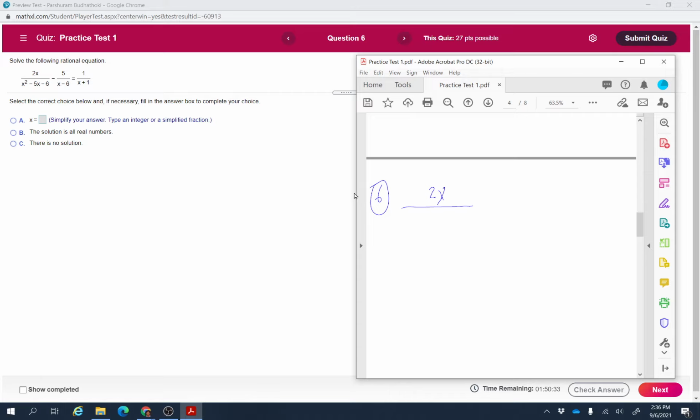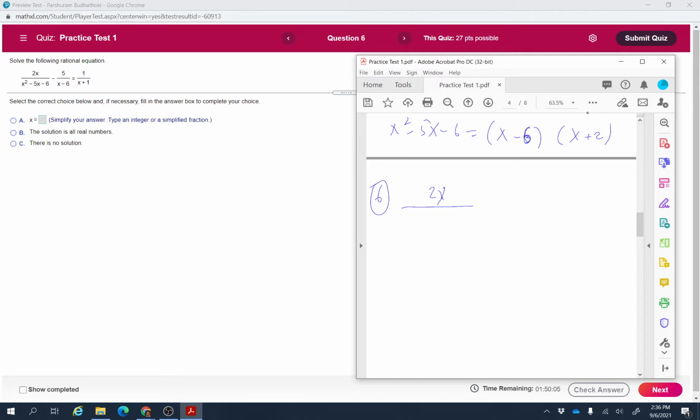Instead of x square minus 5x minus 6, we can write down the factors x, because there is negative 6, so we need something which gives us negative. If you multiply those two numbers, it should be negative 6, and add these two numbers, it should be negative 5, but negative 3 plus 2 is not negative 5, so we need something else.